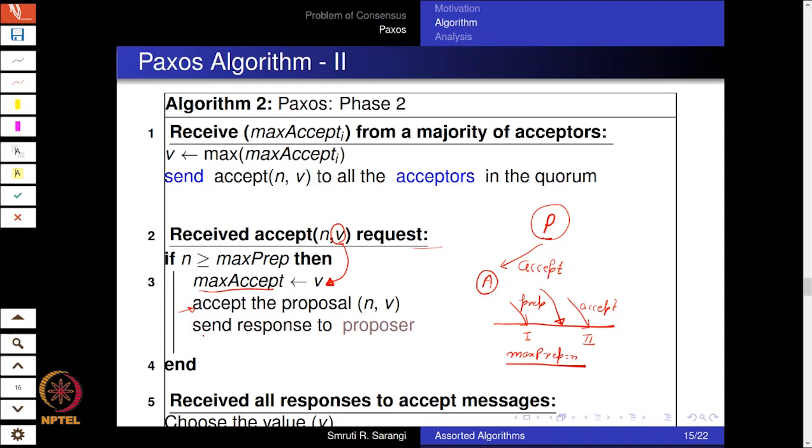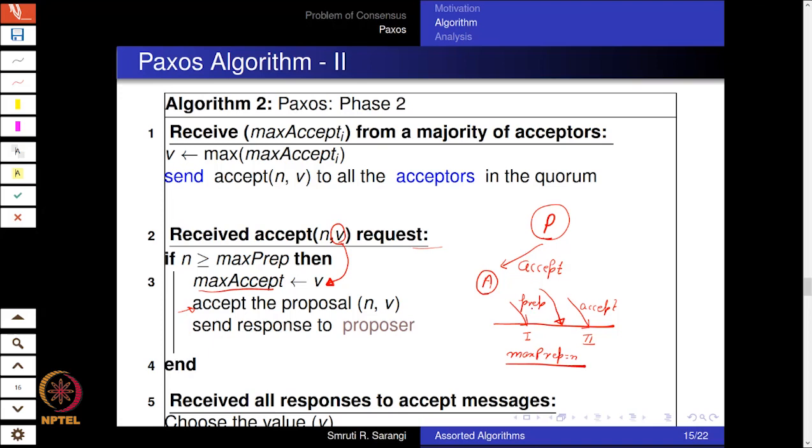It is important to realize at this stage that phase 2 will only be successful if no higher numbered proposal has come in the middle.